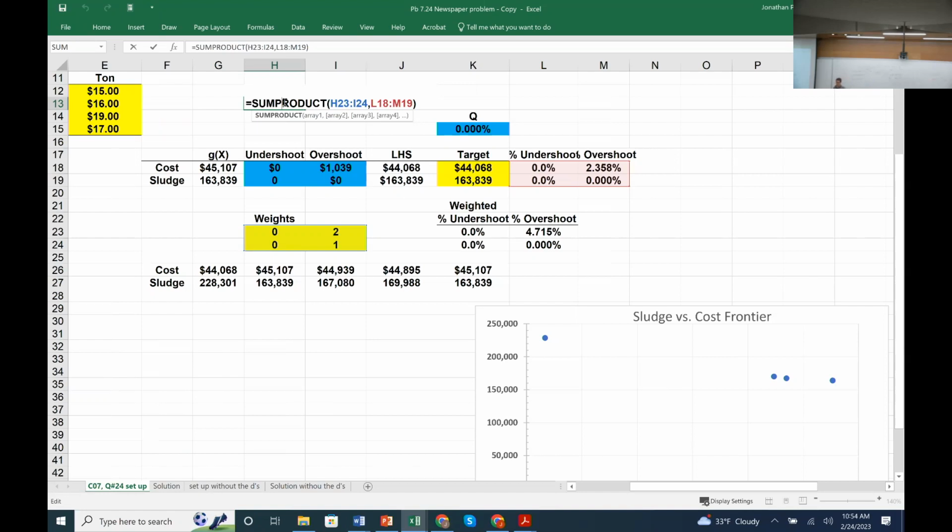But we do have an auxiliary variable, because if I just say, hey, minimize 4 times X1 plus X2, solver is going to want to immediately start buying binkies at the lower price.